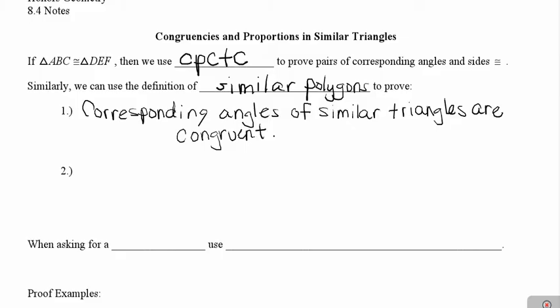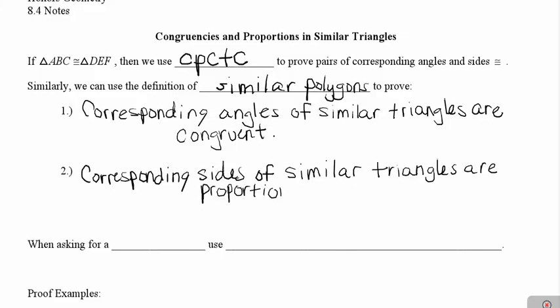And I'm just going to refer to it as similar triangles instead of similar polygons because that's what we're going to be working with in our two-column proofs. So that's no different than what CPCTC says. But we can't use CPCTC because corresponding sides are not congruent. Corresponding sides of similar triangles are proportional. So that's the second thing that we can prove.